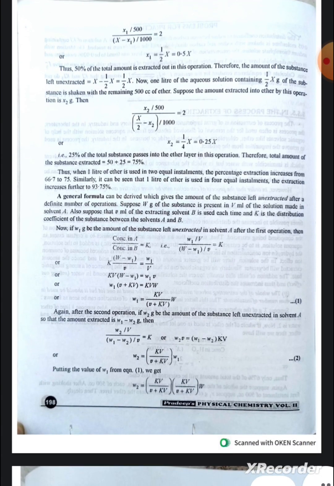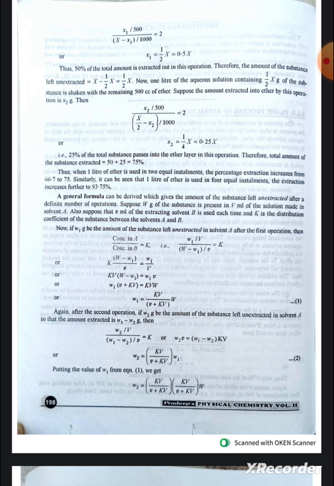Therefore, the amount of substance left unextracted is equal to X minus half of X, which is half X. Now 1 liter of the aqueous solution containing half X gram of the substance is shaken with the remaining 500 cm cube of ether. Suppose the amount extracted into ether by this operation is x2 gram.